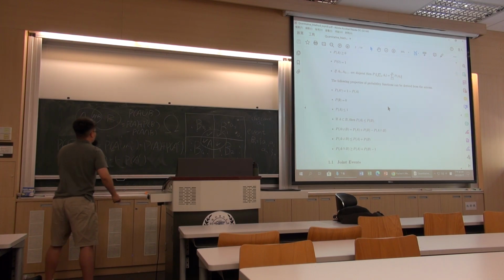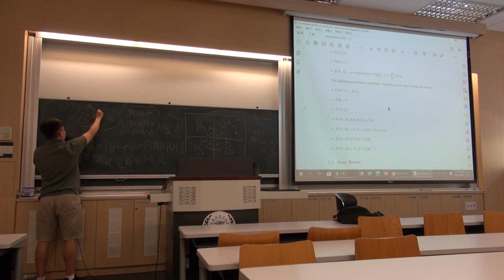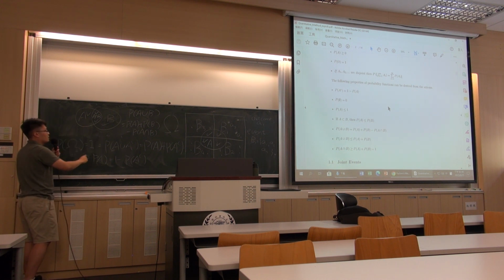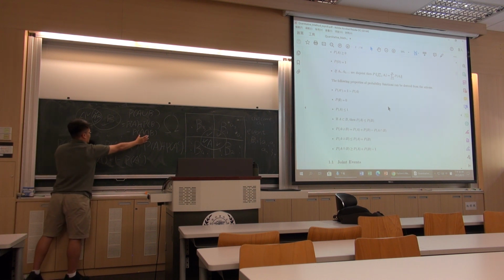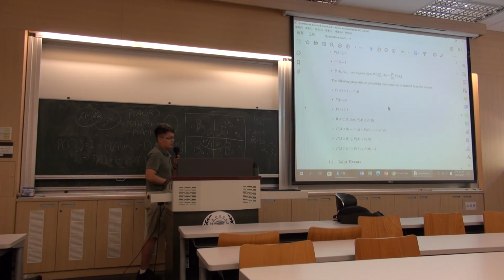The reason is that when you add up the probability of A and B, you double count the intersection part once. So you have to take that out, right?